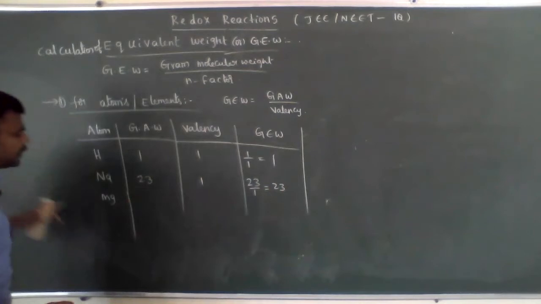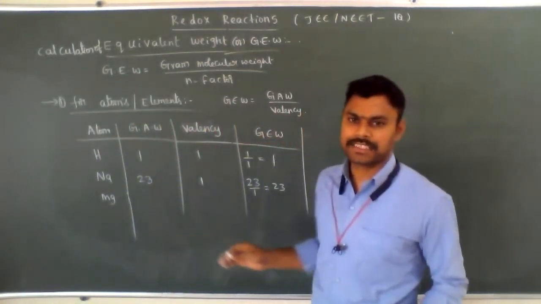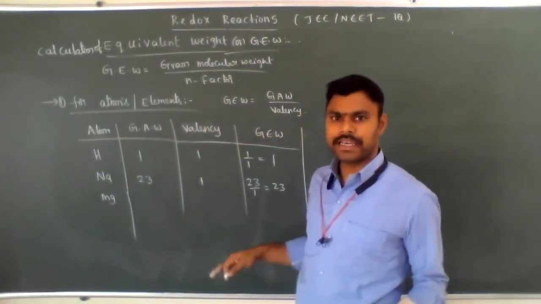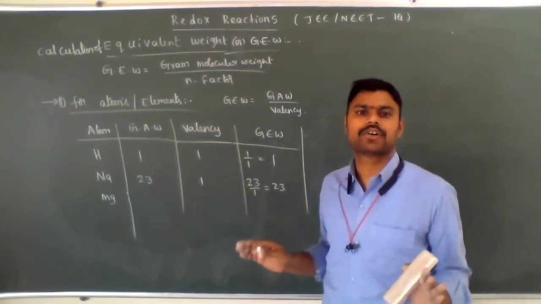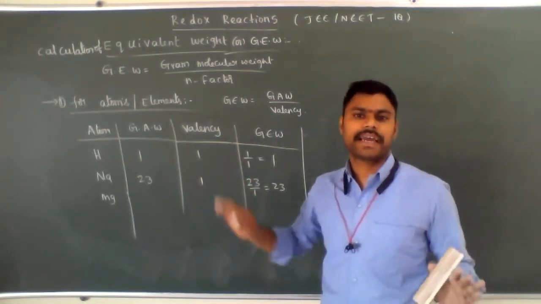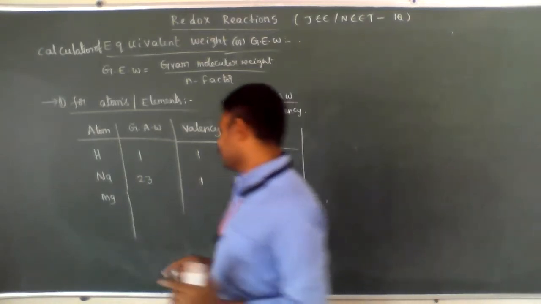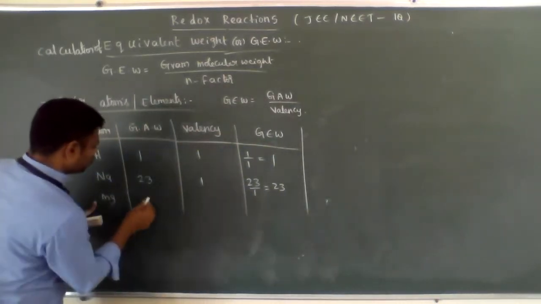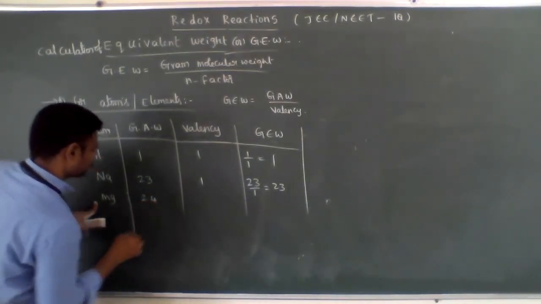Magnesium. Magnesium belongs to second A group element: beryllium, magnesium, calcium, strontium, barium, and radium. So for atoms, to calculate valence we need to remember the group number, mainly for S block and P block elements only. Very, very important. Magnesium atomic number is 12, atomic weight is 24.